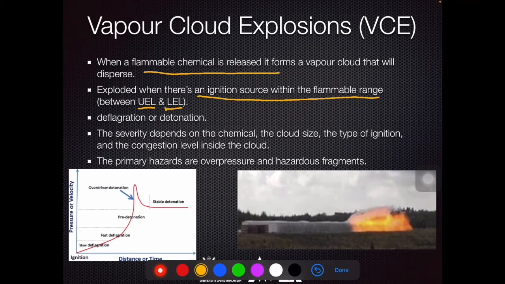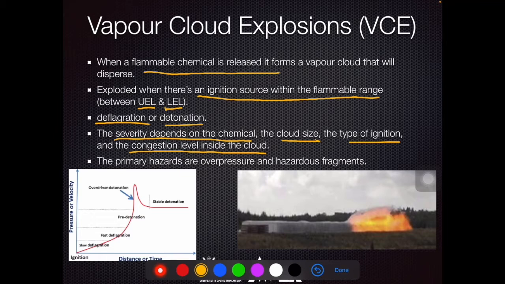It can be in the form of deflagration or detonation. However, the severity depends on the chemical itself, the cloud size, the type of ignition, and the congestion level inside the cloud.